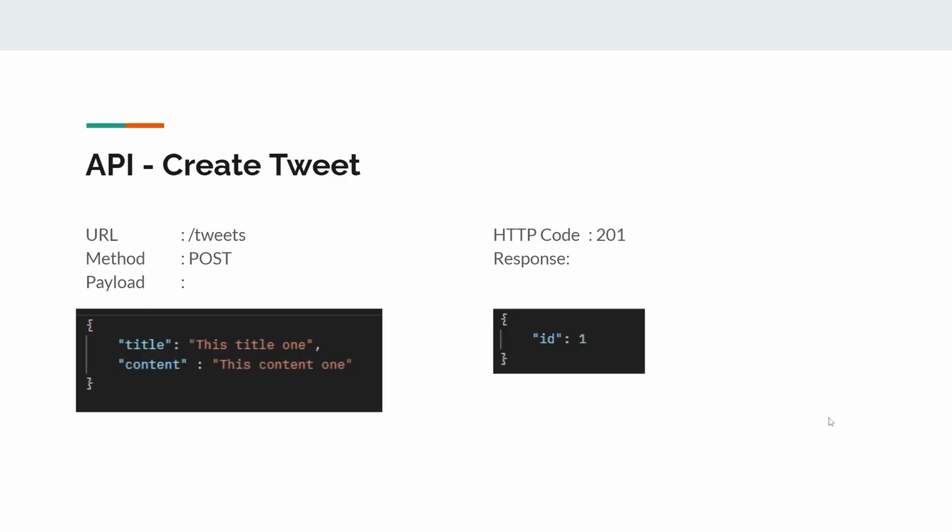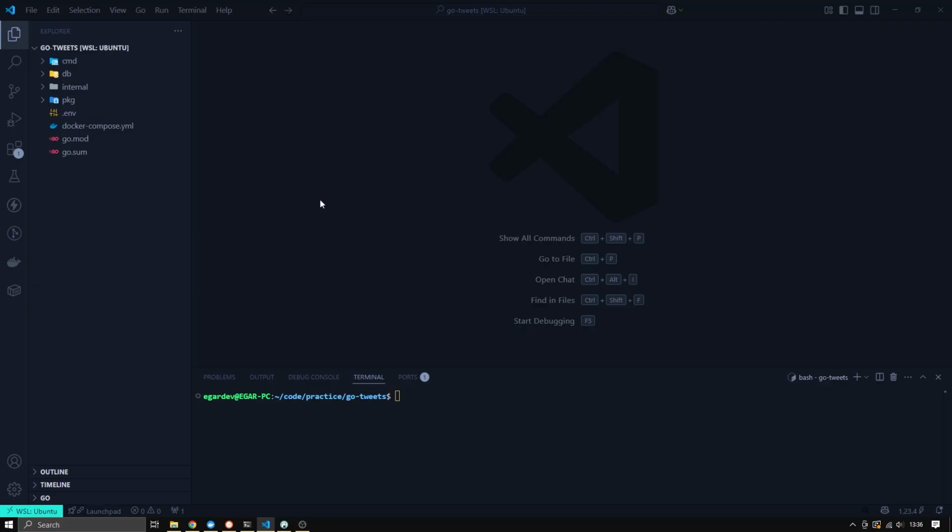Next, we move on to creating the Create Tweet API. For the request, we only need the title and content, and for the response, it only returns the tweet ID. We create the model first, representing the post table that we have created.